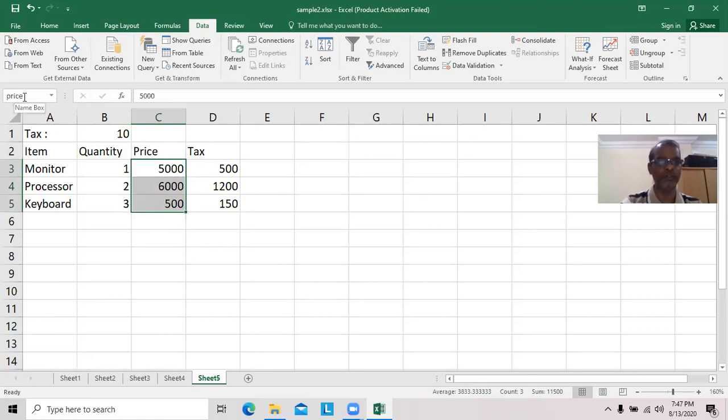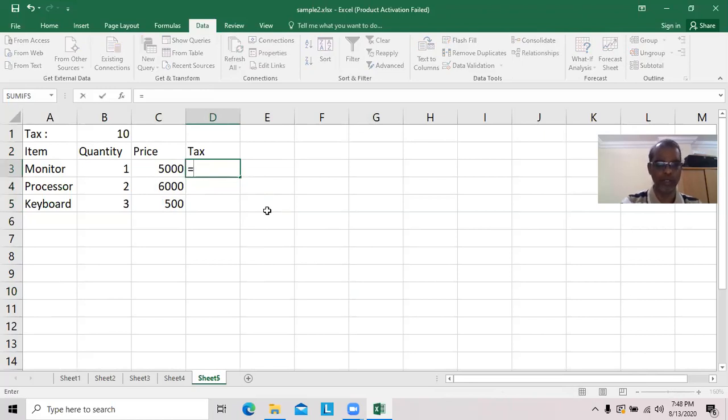Then what is the use of this? You can delete it here. Previously, we were using formulas with B3, C3. I just removed everything and now I want to type one more formula here. Equal to open bracket quantity multiplied by price, multiplied by tax rate, divided by 100. Quantity means B3 to B5, price means C3 to C5, and tax rate means B1.